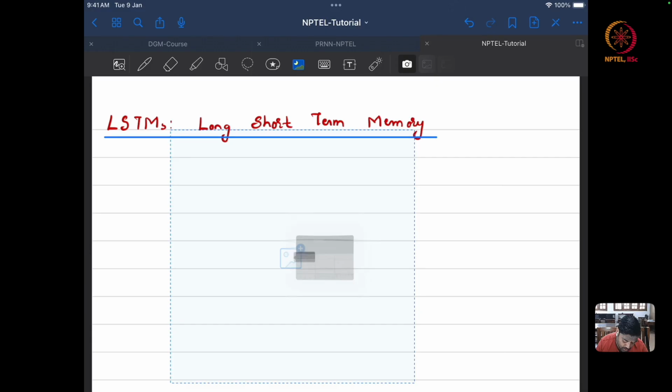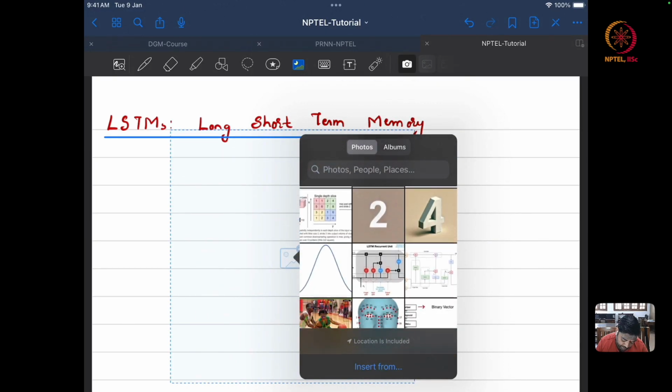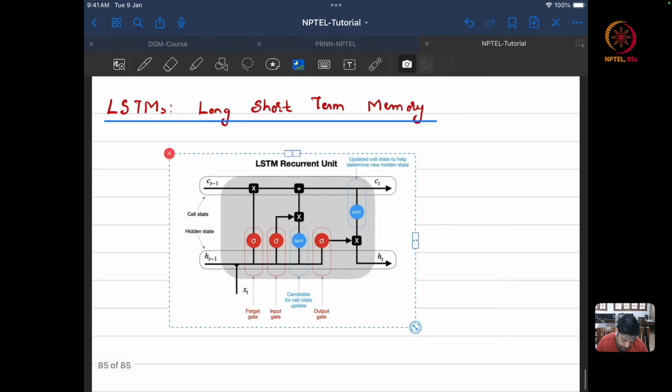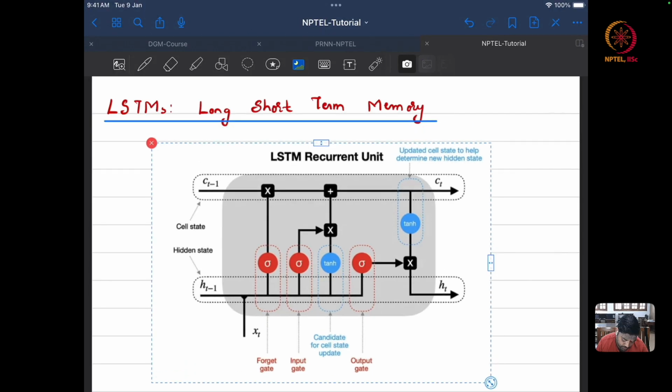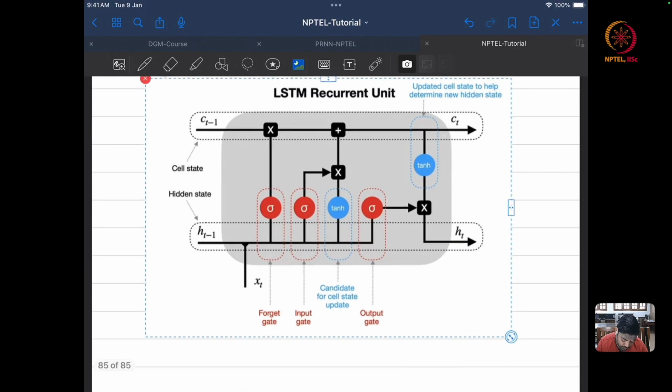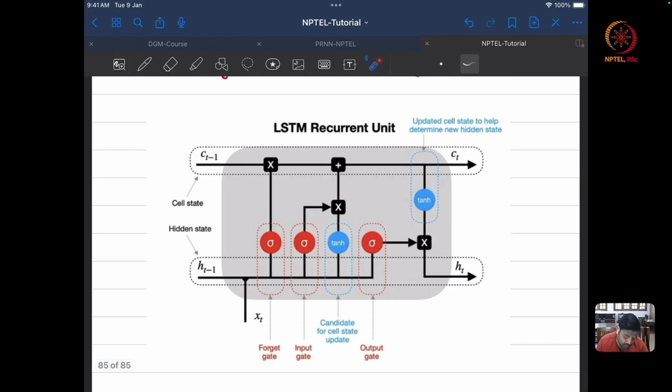There is this LSTM image that we have. So now this is the standard LSTM image. I just got it from the internet. Okay. So now this is what is known as the candidate state, and this is the hidden state.